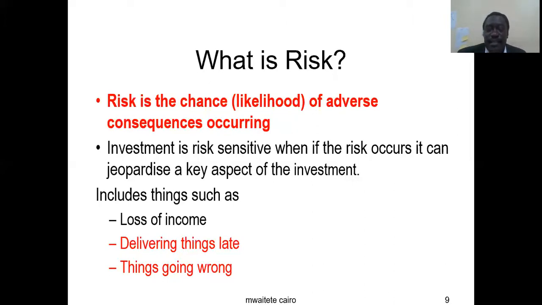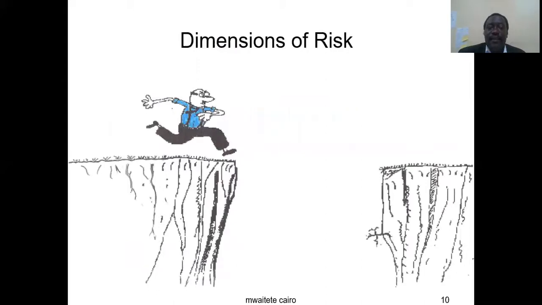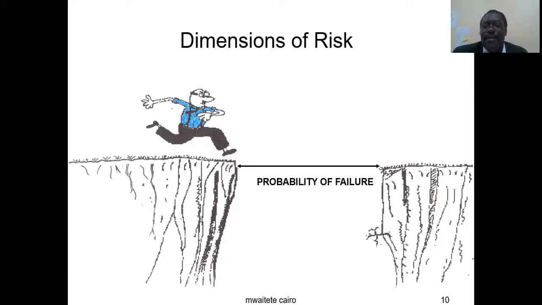This is the way we are talking about it. So that's why we are saying you better plan for the risk, because there is a reward when you plan for risk. You should understand the probability of failure.